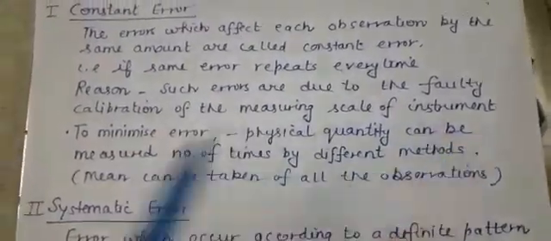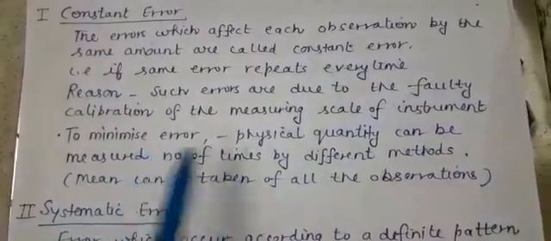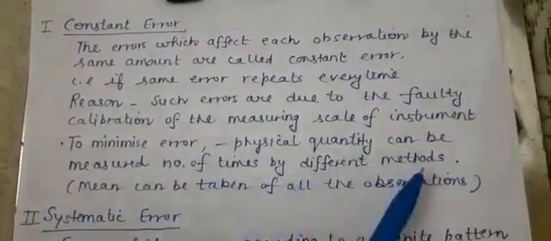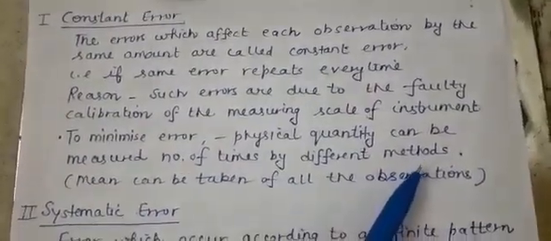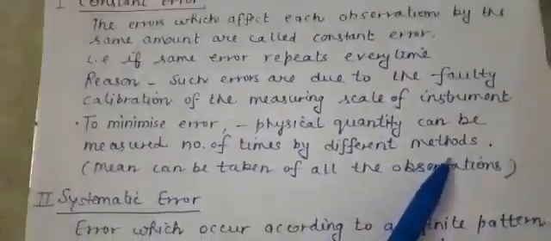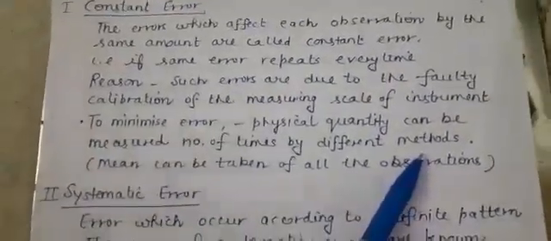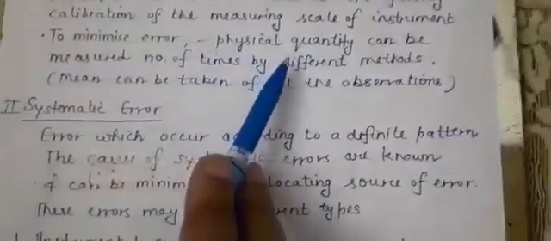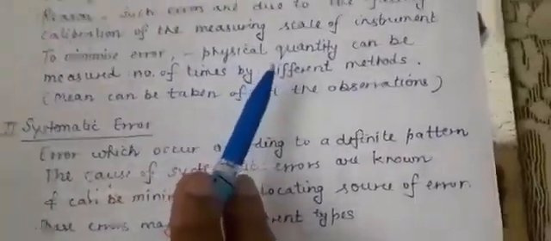instrument. So how can we minimize it? The physical quantity can be measured a number of times by different methods. Like if we have to measure the length of a body, then you can use different scales. Whatever the difference is, you can get the result. So when you take a number of observations by different methods, finally you take their mean.